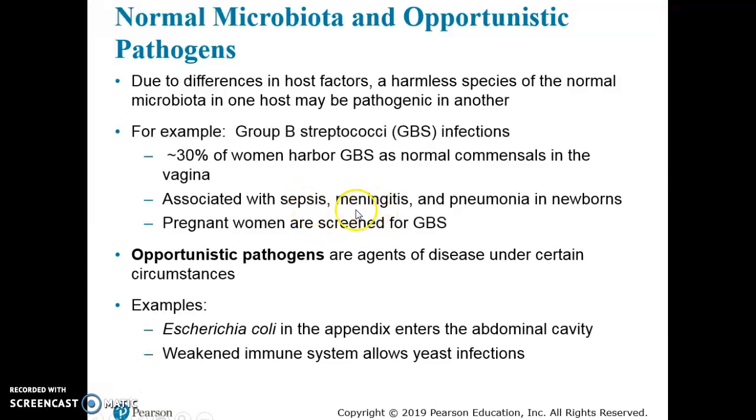I mean, sepsis is bad, but with meningitis, this used to be the #1 cause for death in newborns, infants under the age of a month, because the bacteria, the group B strep, gets inoculated into the infant's mouth, the nose, the eyes, the ears, and it's in very close proximity to their brain. And unfortunately, many, many, many children, infants, died before doctors realized what was going on.